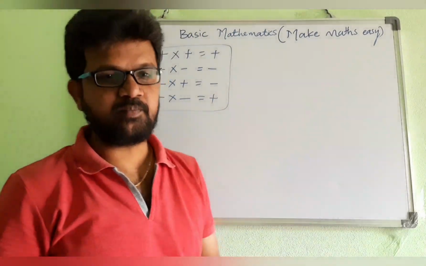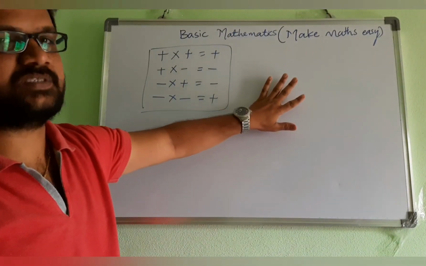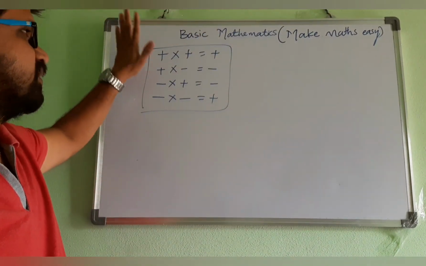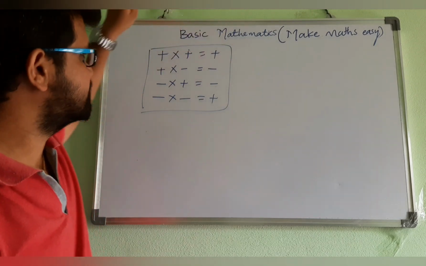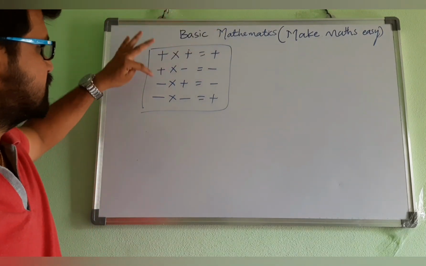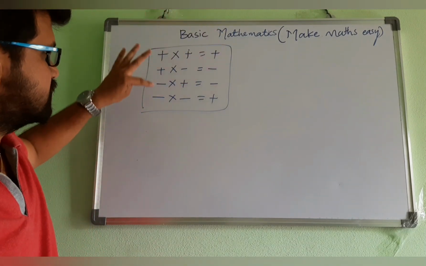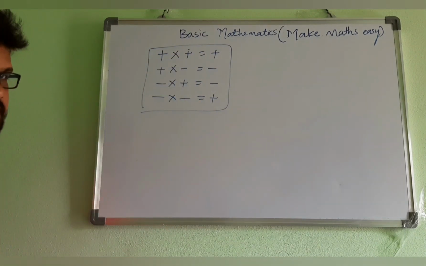These are very simple only, but you make mistakes again. Even 10th students are making mistakes in this. Plus into plus is plus, plus into minus is minus, minus into plus is minus, minus into minus is plus.